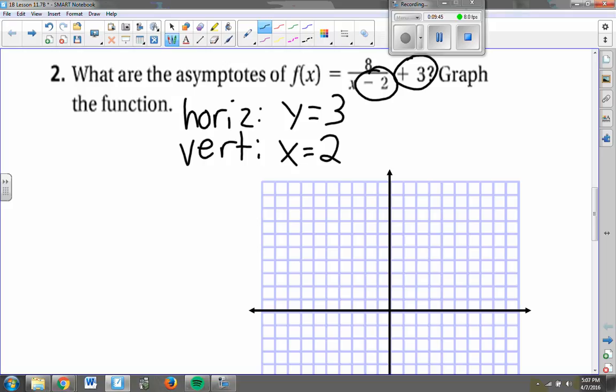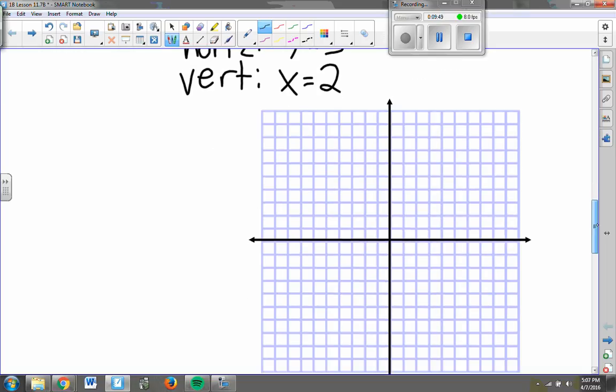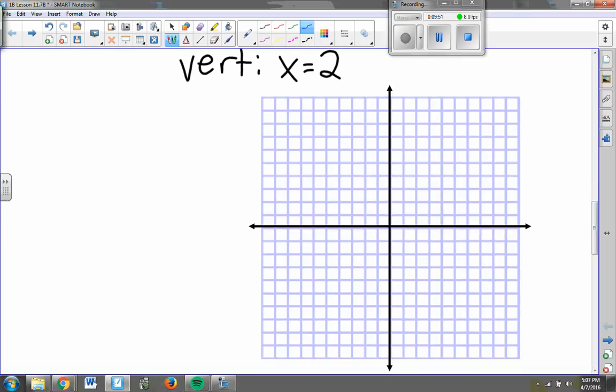Remember, that's opposite, and outside is exactly what we would expect. So I will put my asymptotes here, vertical at x equals 2, which is right there, and then the horizontal is at y equals positive 3, which is right here. Okay, so there's my two asymptotes now.